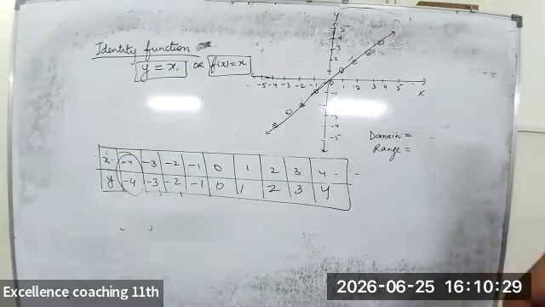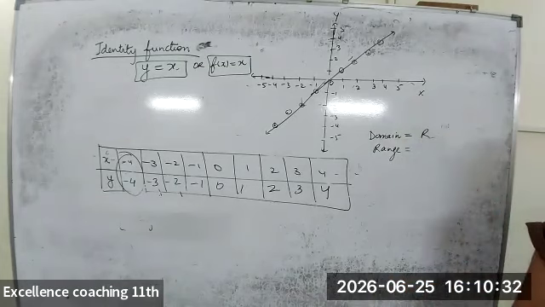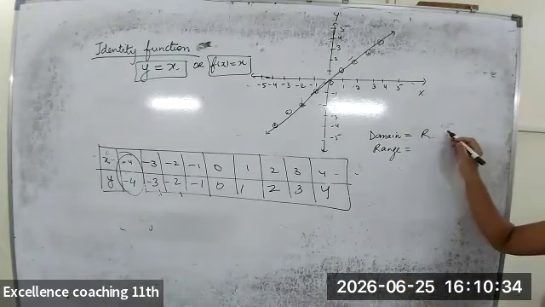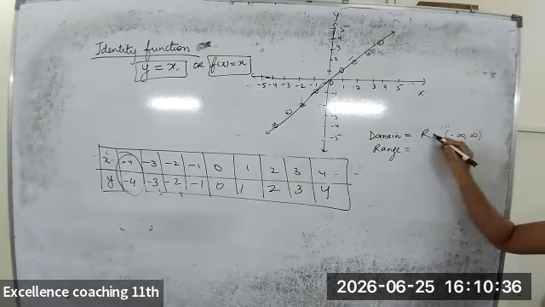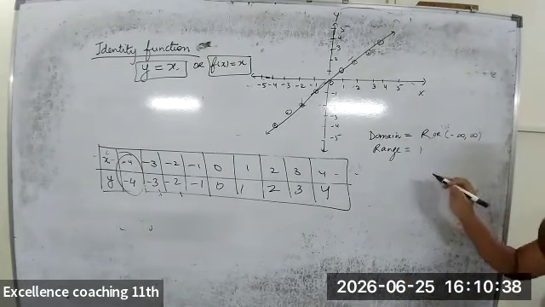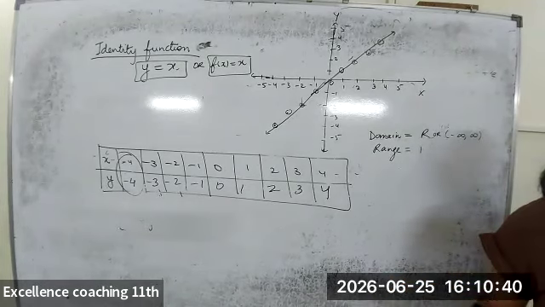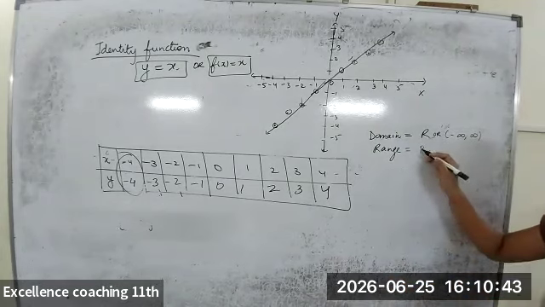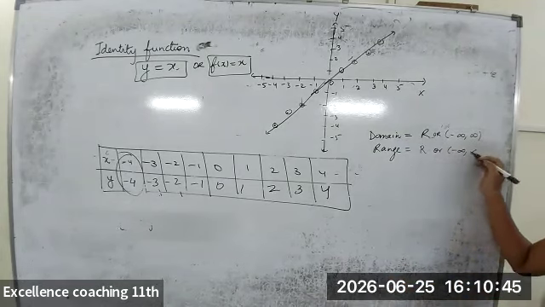What is the domain? All real numbers, no? Minus infinity to infinity. The output also will be the same, no? Whatever input you are giving, you are getting the output also. All numbers.